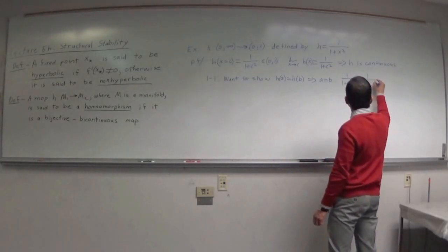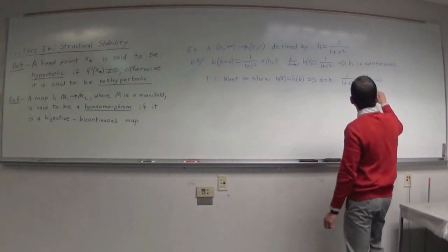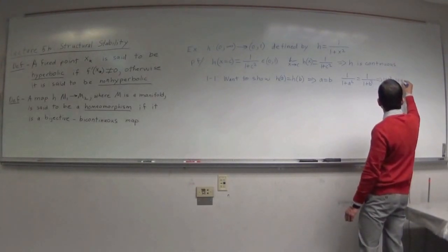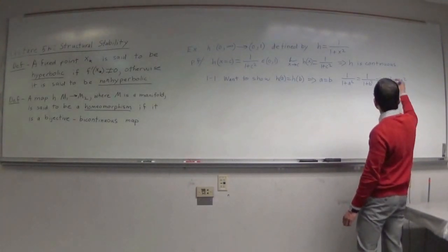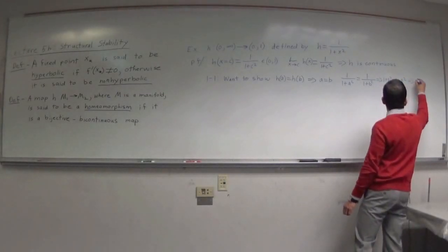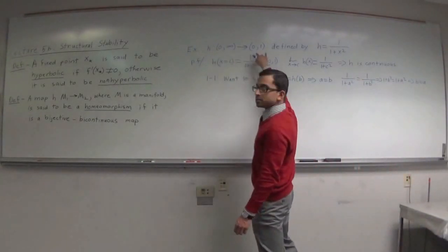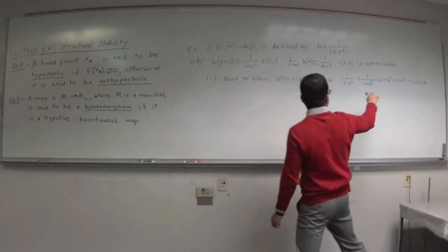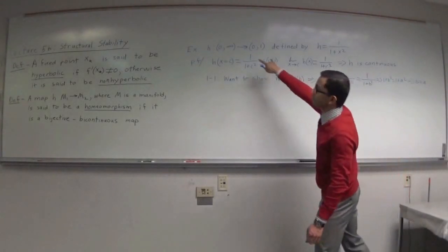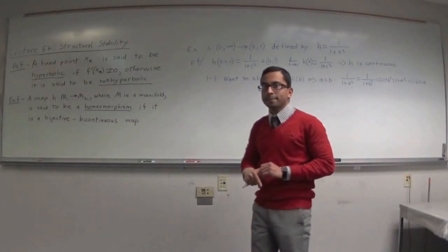And that equals h of B, 1 over 1 plus B squared. But that means that 1 plus B squared equals 1 plus A squared. Well, we can cancel out the 1's. And then we get that B equals A since we're always positive. So we're not going to have a negative value for this. So B will always equal A, since we're always going to be positive. So that shows that it's 1 to 1.